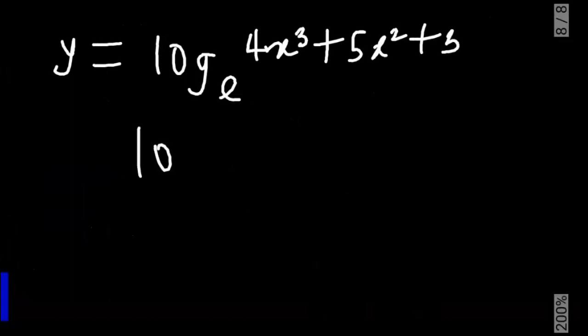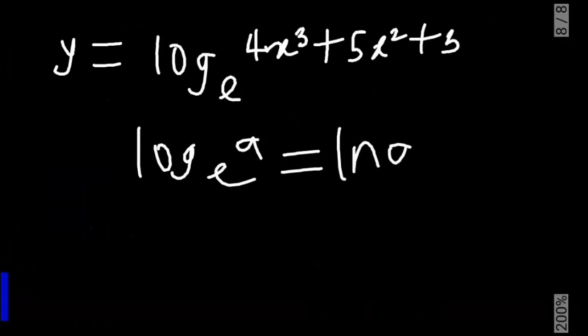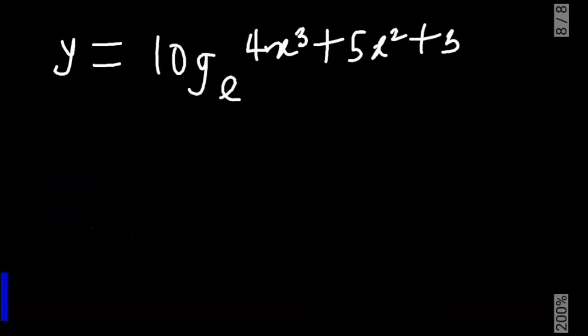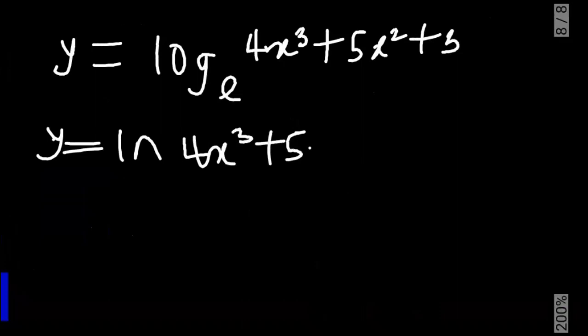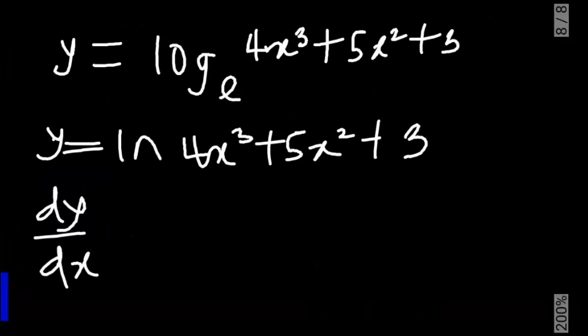Log of a to the base of e, this time our a is this, is the same thing as ln, also the natural logarithm of a. So we can rewrite this in this form. y is equal to ln of 4x cubed plus 5x squared plus 3. Whichever way you write it, they are both correct.